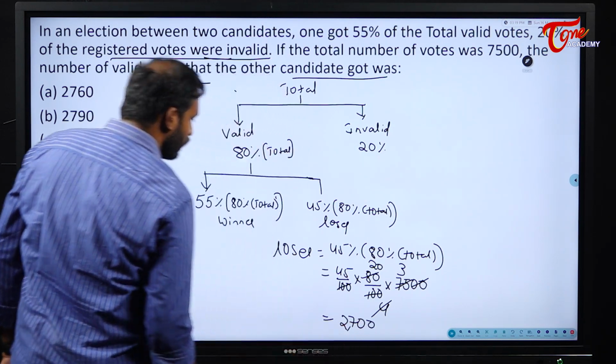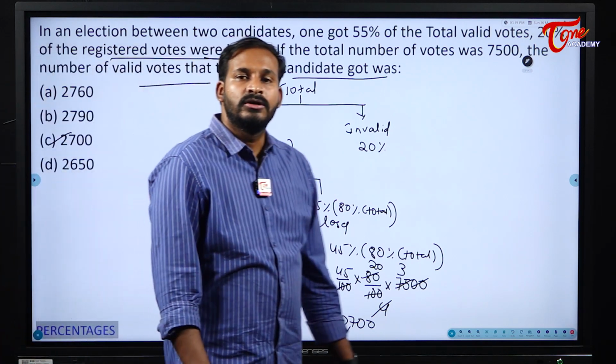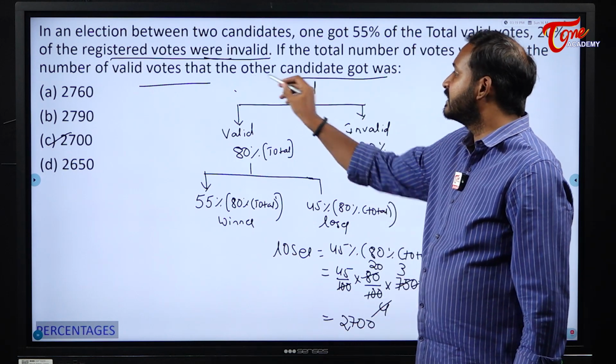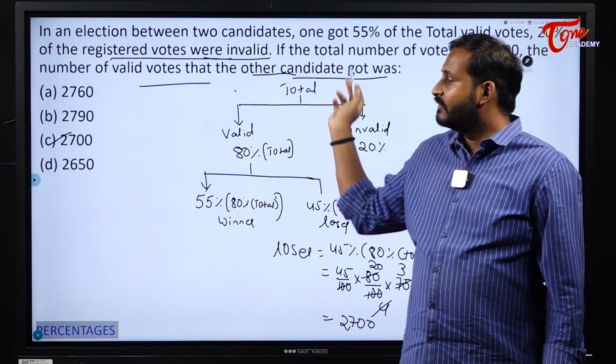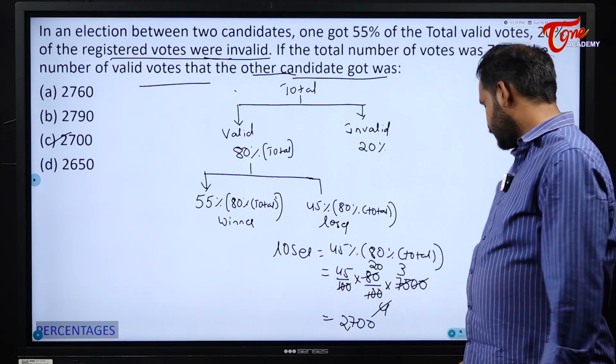So the loser will get how many votes? 2700 votes. The loser gets here 2700 votes. Okay, understood? The other candidate in the sense, here he spoke about the winner, right? We need to find the loser votes. So the loser will get here 2700 votes.